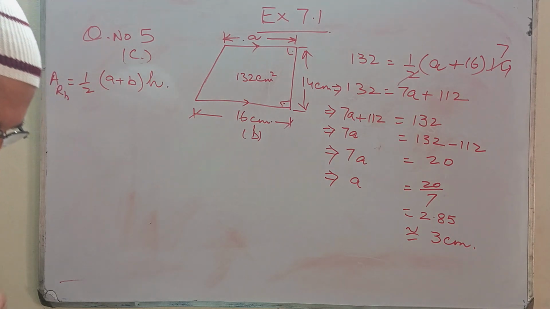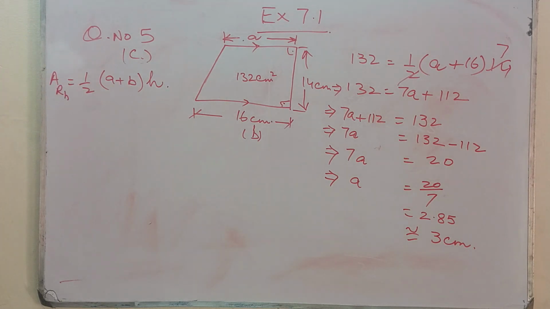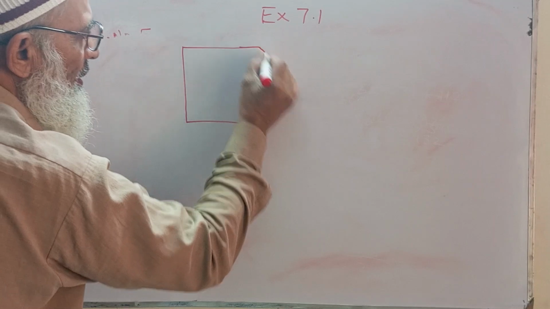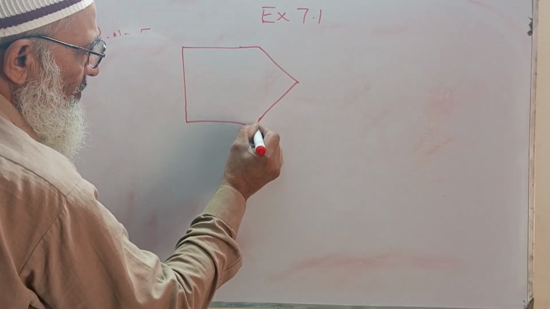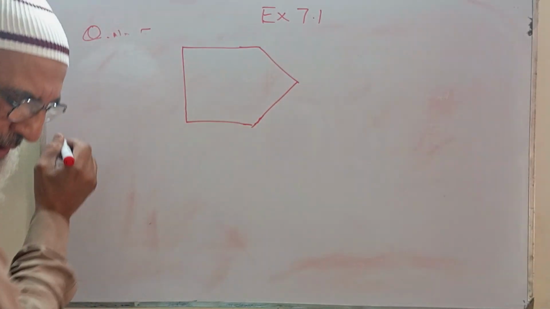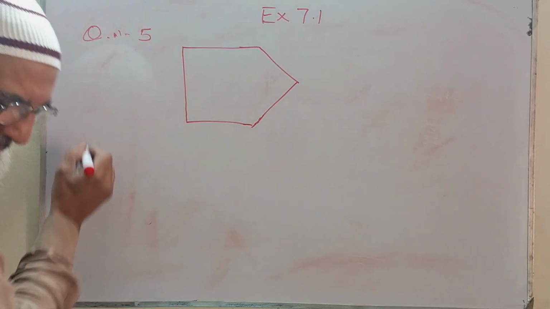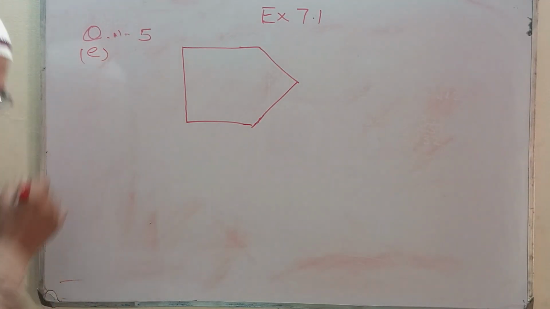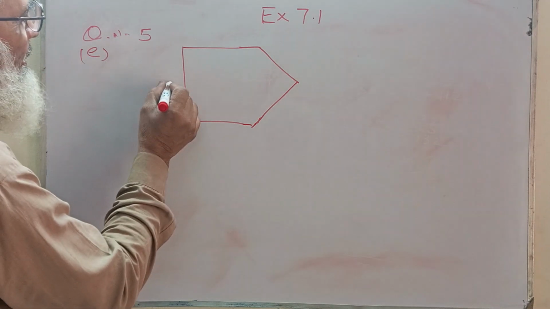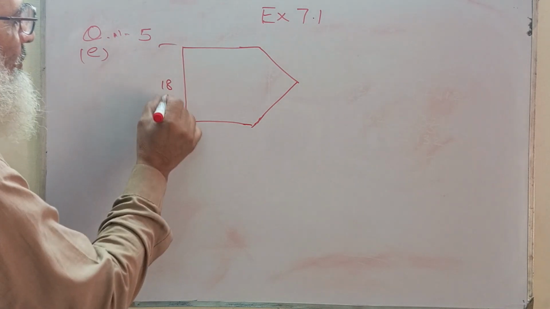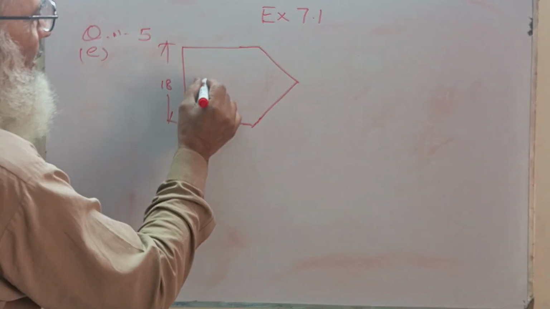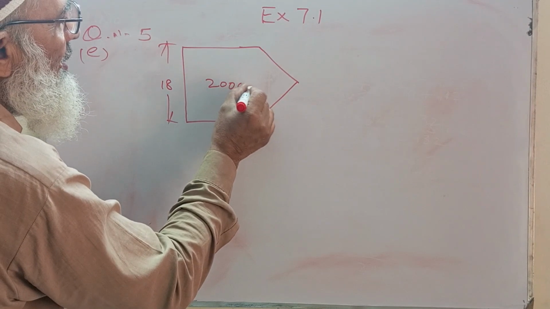Now one more question from this, and that is a very interesting question. You see that this figure is given. It is question number 5, part E, the last part. Now this side is given as 18, from here to here. The area is also given, 200 centimeter square.